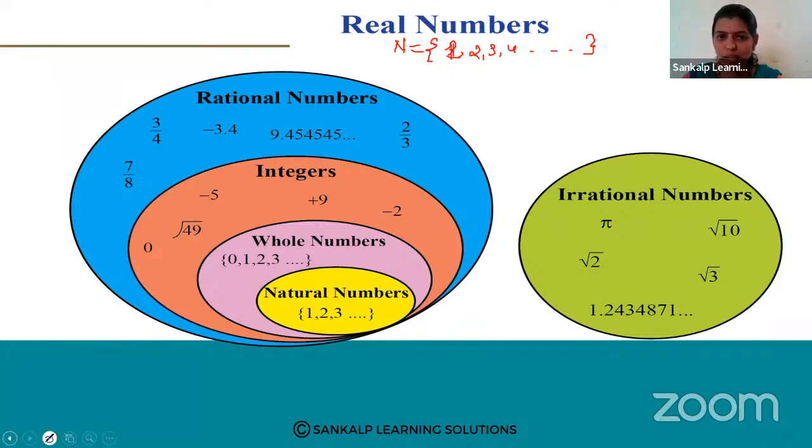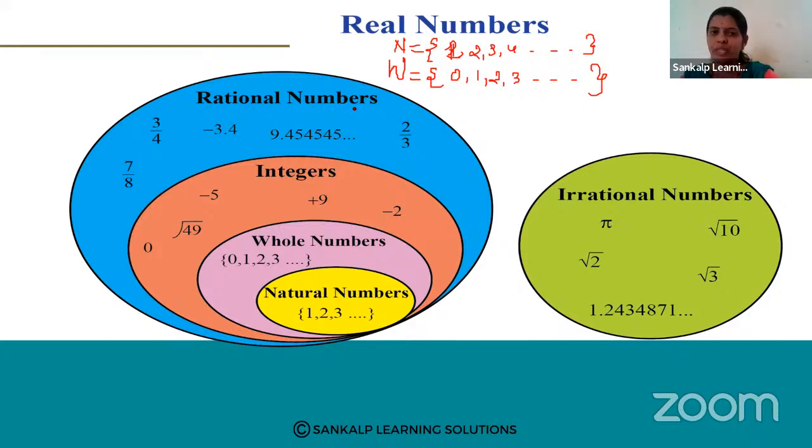And always whole numbers are denoted by the letter W. 0, 1, 2, 3, and so on up to infinity. When you write natural numbers along with 0, that type of numbers we call as whole numbers.